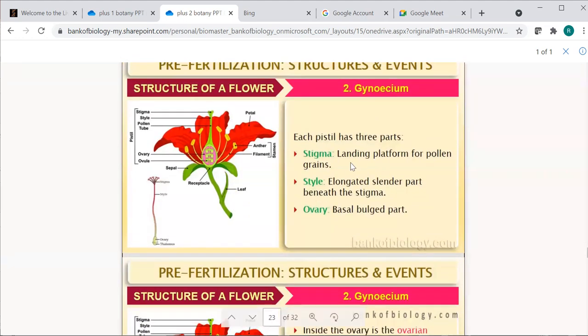All three parts together are named either pistil or carpel, and each pistil or carpel has three parts: stigma, style and ovary.